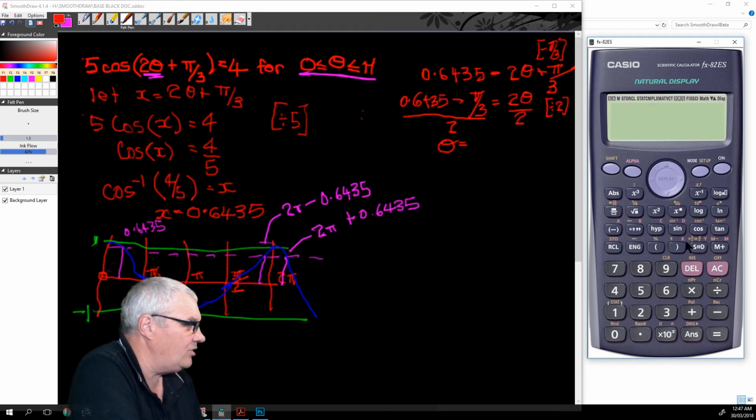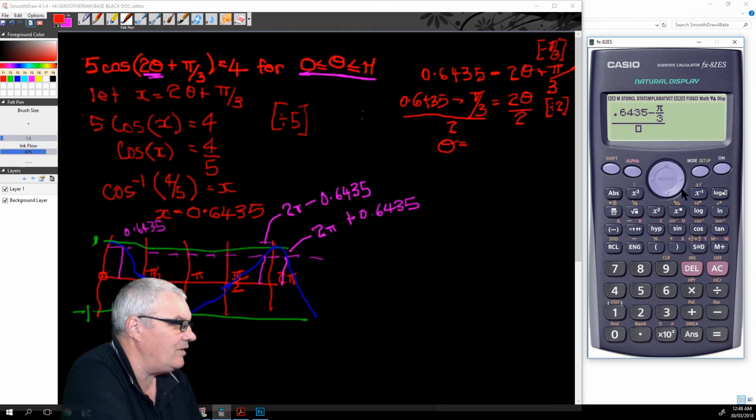It's a fraction, so we'll start with a fraction here, and we'll get 0.6435 minus, and we've got another fraction here, which is pi upon 3, like that there, and we'll move right on, and then that'll drop down there.